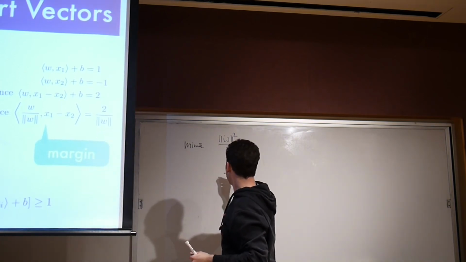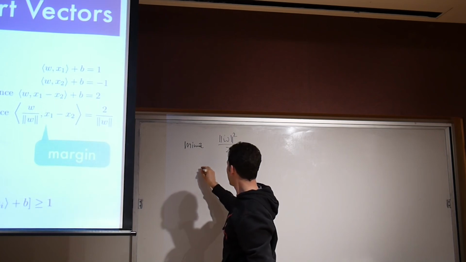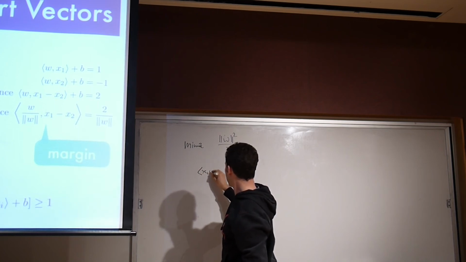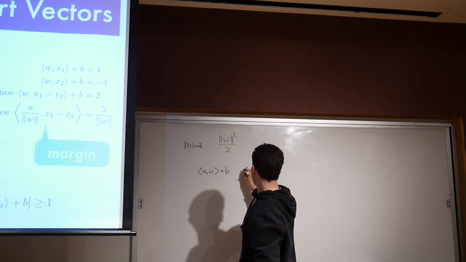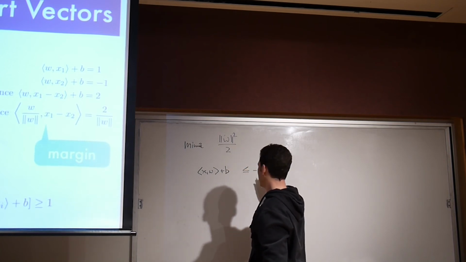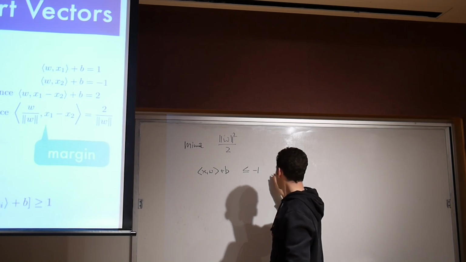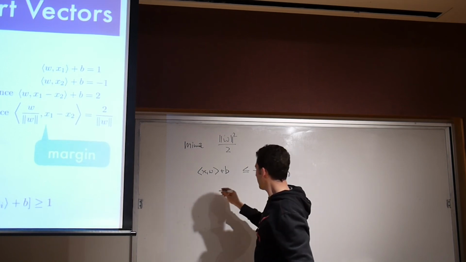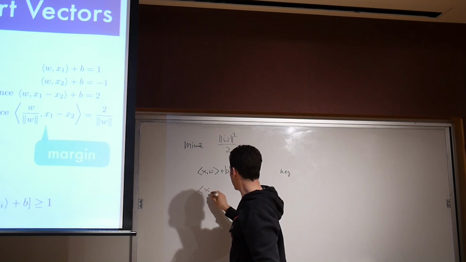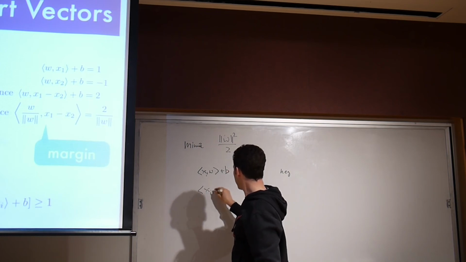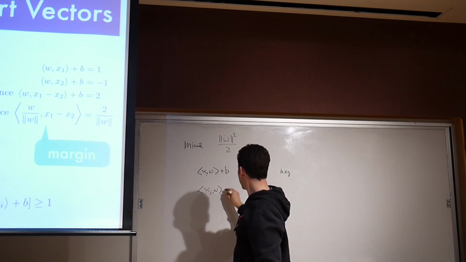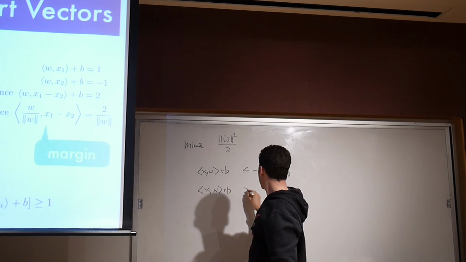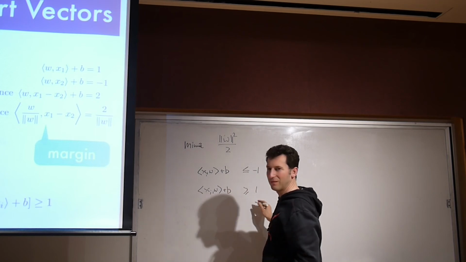Now, for all the negatives, we need to ensure that x dot w plus b is less or equal than minus 1. For the positives, we need to ensure that xi dot w plus b is greater or equal than 1.